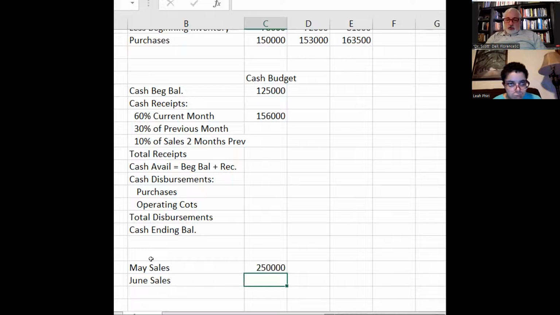And June sales were $225,000. Good. And we said previous month, we get 30%. Previous month would be June, and then two months prior would be May, right?